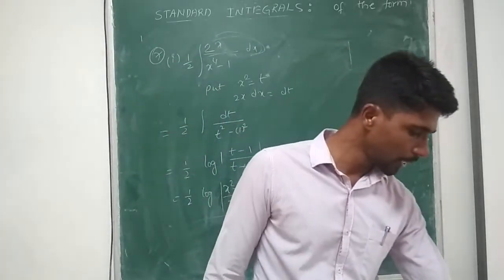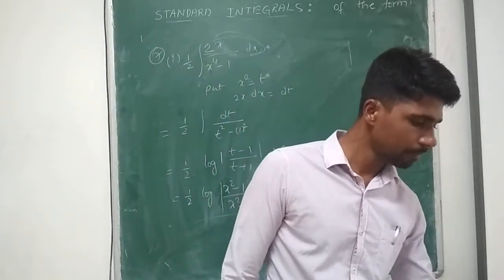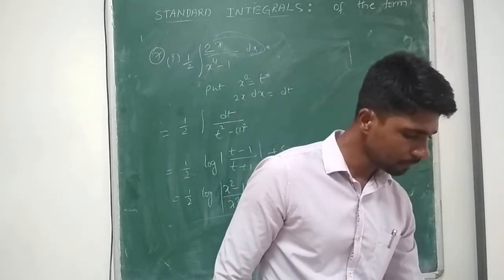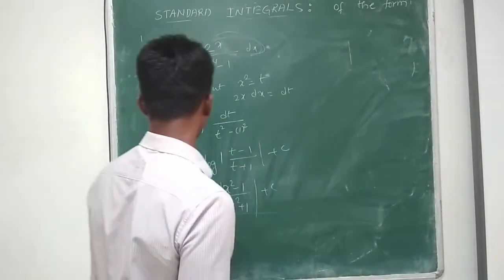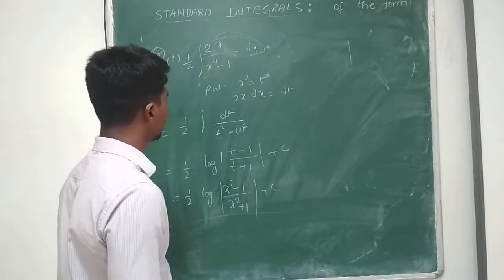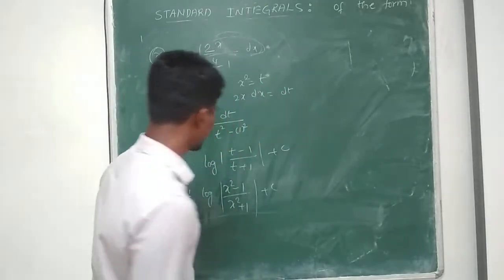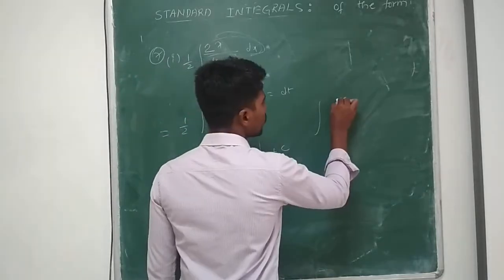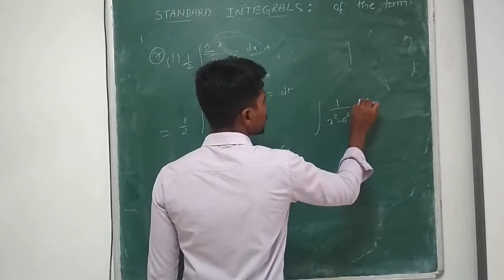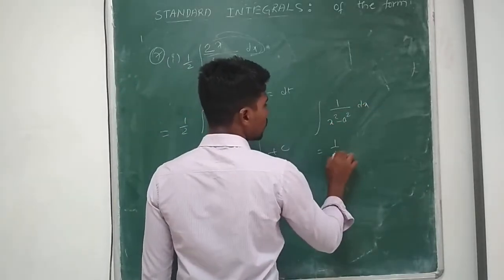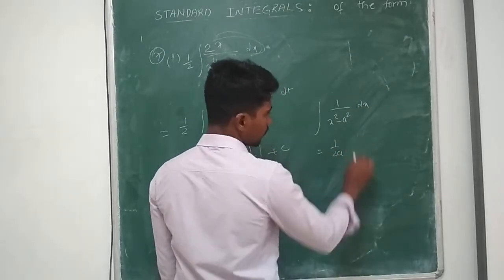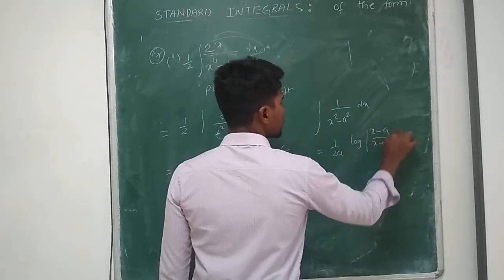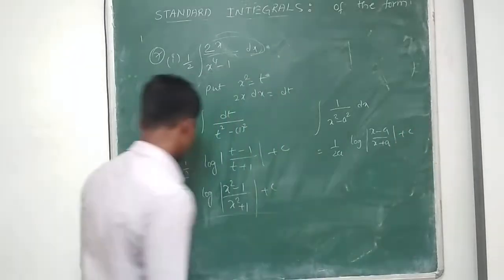After that, next problem. Small mistake you see here. What is it? Integral of 1 by x square minus a square dx is 1 by 2a into log modulus of x minus a by x plus a plus a constant.